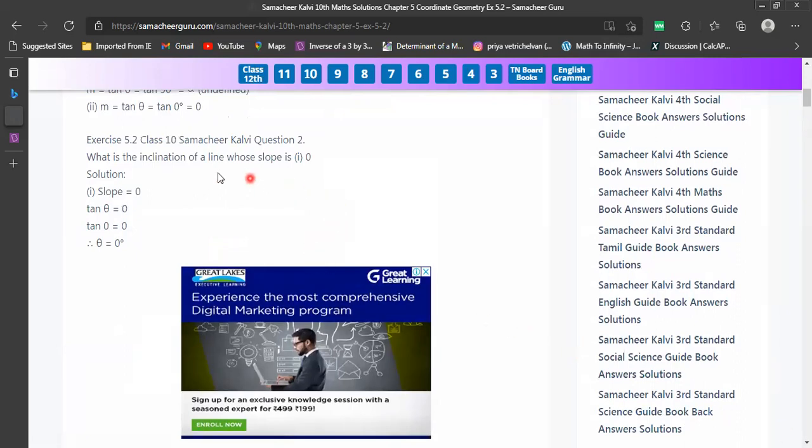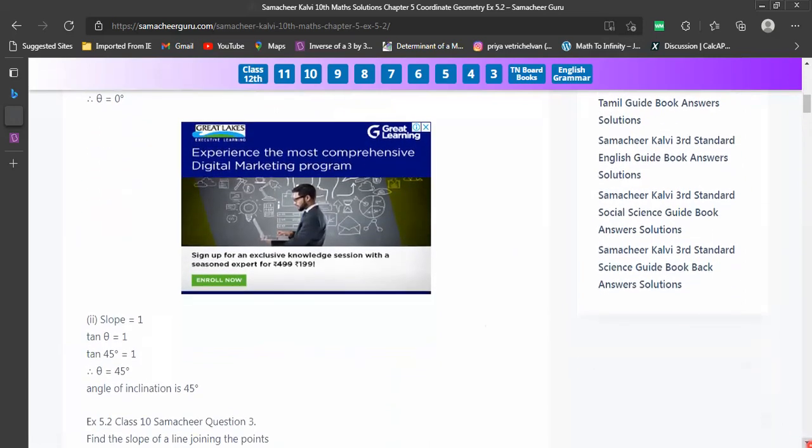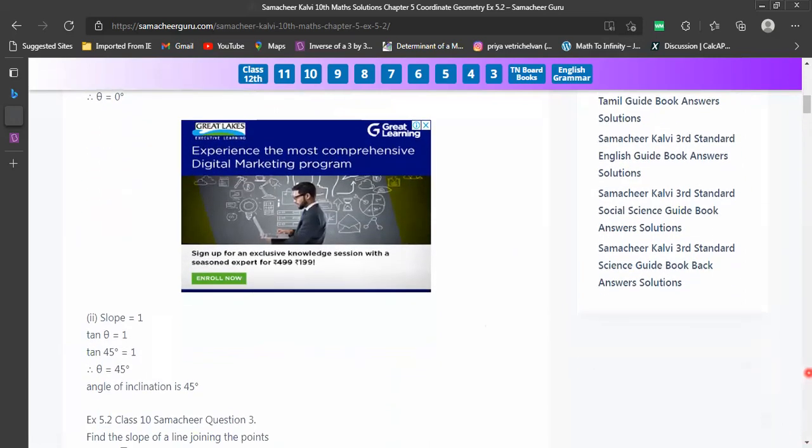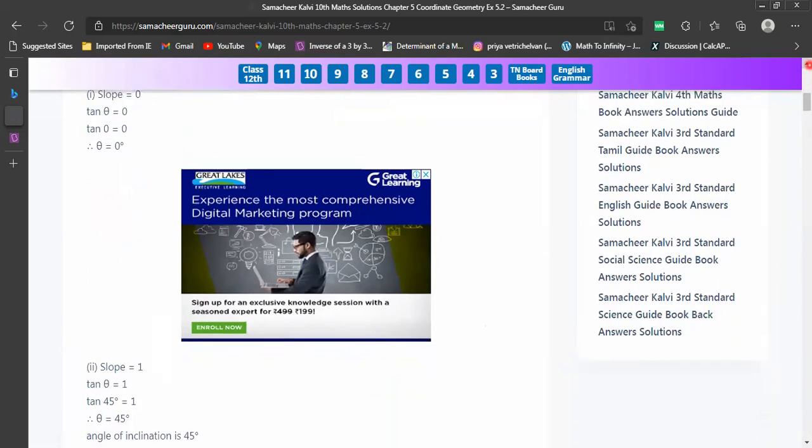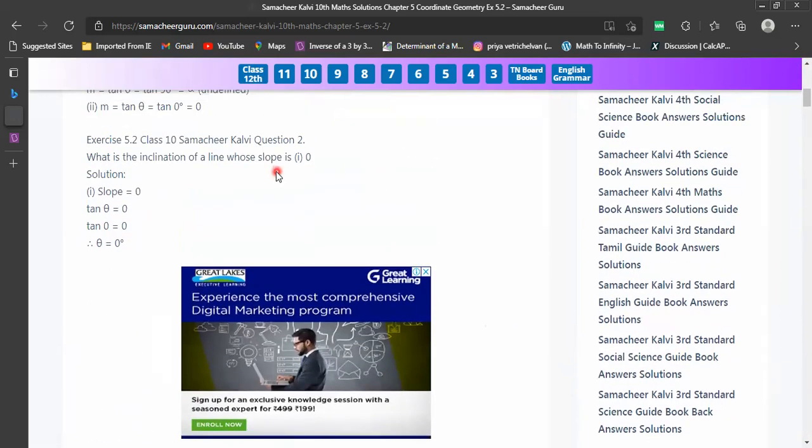Question number 2. What is the inclination of a line whose slope is 0? So they're asking about the inclination. Inclination means they're asking about angle of inclination. Okay. So for the subdivision 1, you just have to equate this to m and take the m in terms of tan.